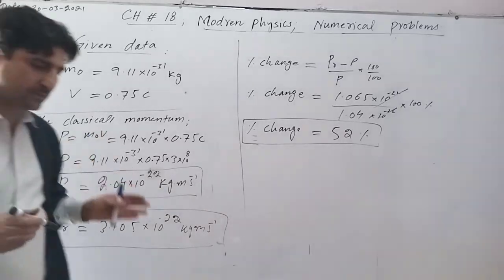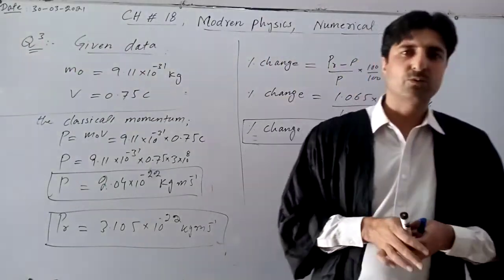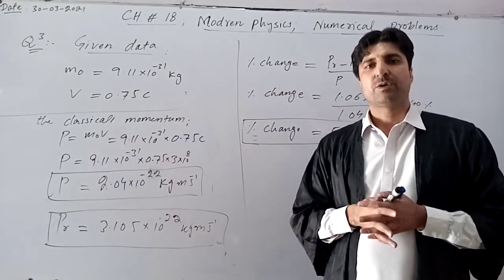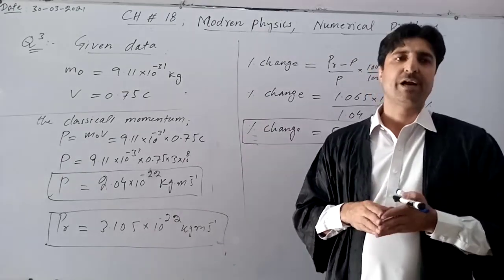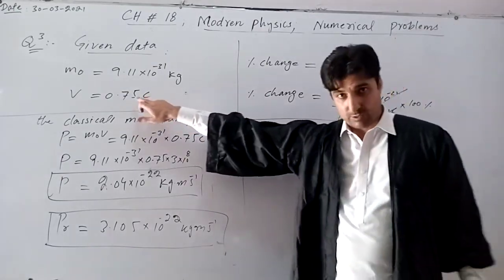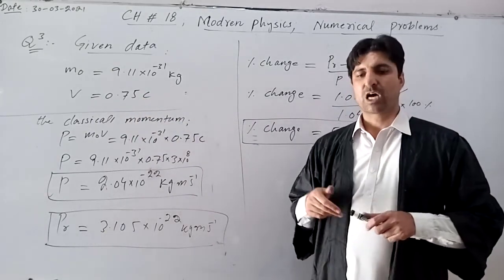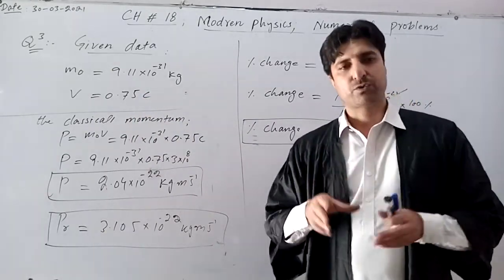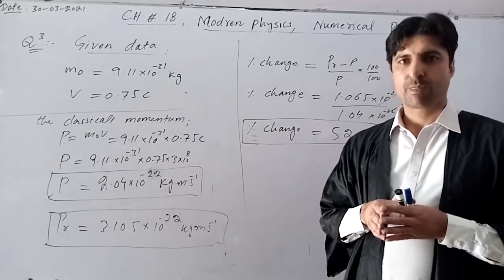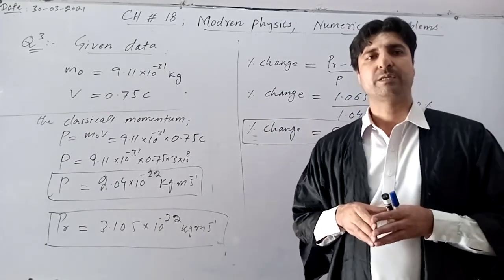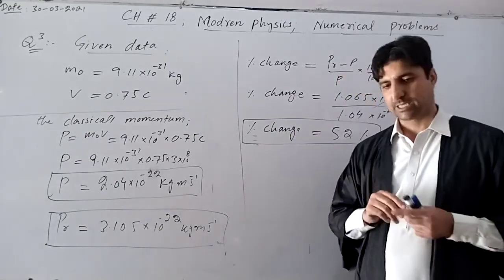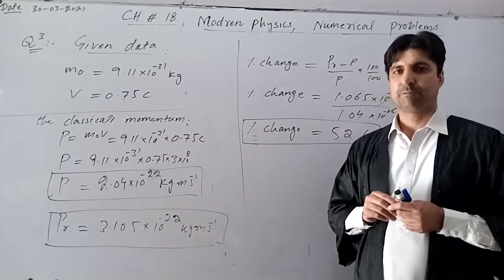Let me summarize this briefly once again. Dear student, very simply, we are given the rest mass of the electron and the speed of the electron, which is 0.75 c. This is a very huge speed. So when an electron moves with this speed, we have to calculate the relativistic momentum. For relativistic momentum, we first calculate the dilated mass, which is m.